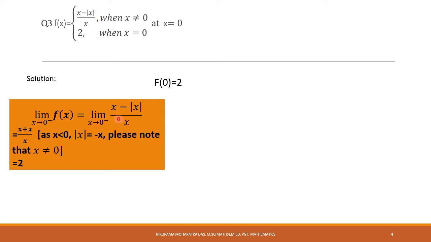So here it will be x minus of minus x, that is 2x by x. Okay, and here you see x not equal to 0 it is given. So you don't think it is 2x by x, 0 by 0 form, because we are specifically given x not equal to 0. So 2x by x will be equal to 2.